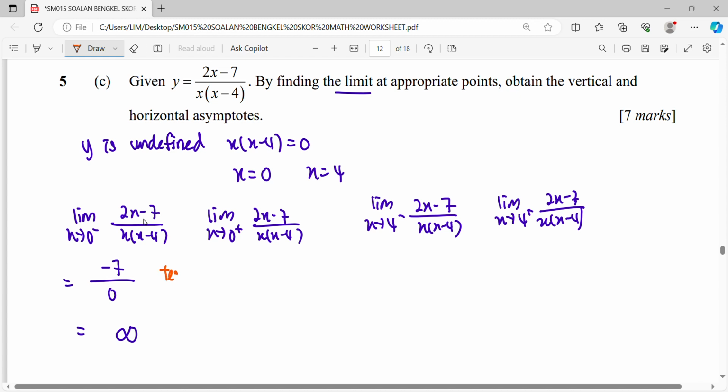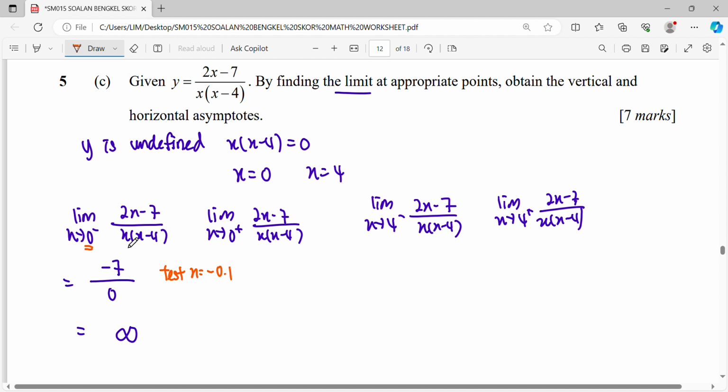Let's say this one test 0 from the left hand side. So negative 0.1. Put in where? Put in the place of the 0. We want to know 0 from the left hand side or right hand side, so put in here.